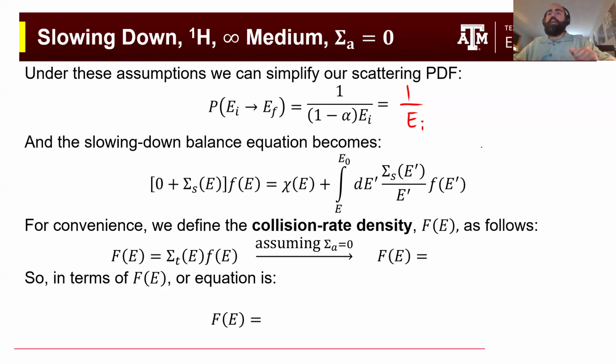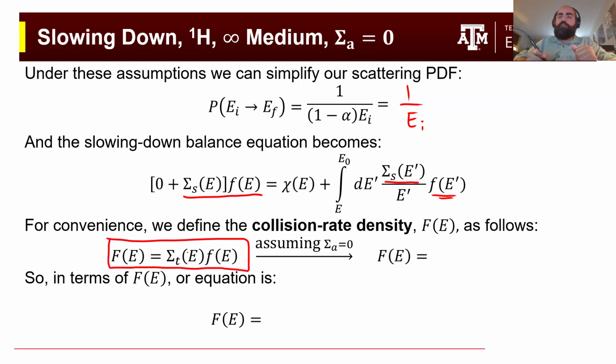At this point, because both sides of the equation have a product of sigma s times the energy distribution function, and notice that we also have that here, then we're going to define the collision rate density, big F of E. This is the general definition for big F of E, for the collision rate density.